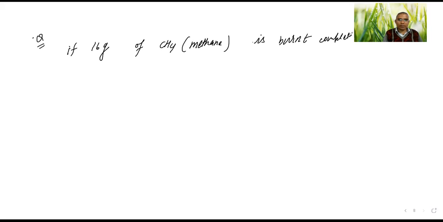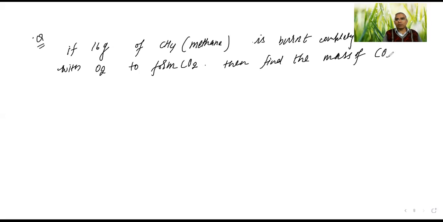The question is: if 16 gram of CH4, the name of CH4 is methane, is burnt completely with O2 to form CO2, then find the mass of CO2 produced.